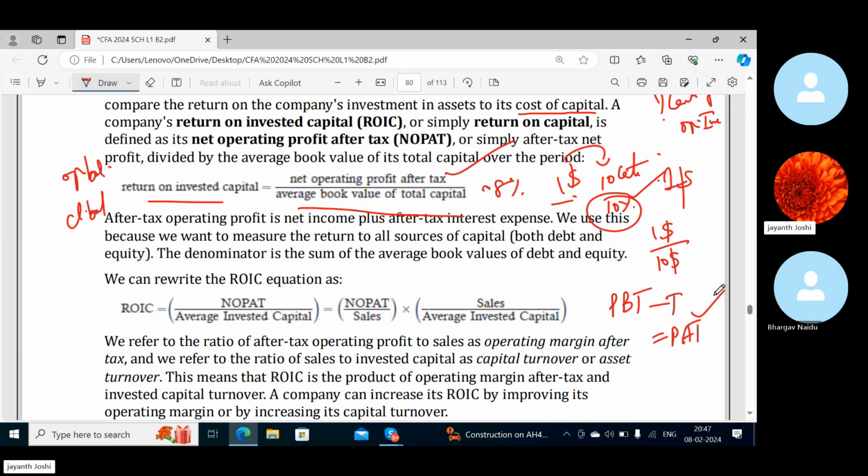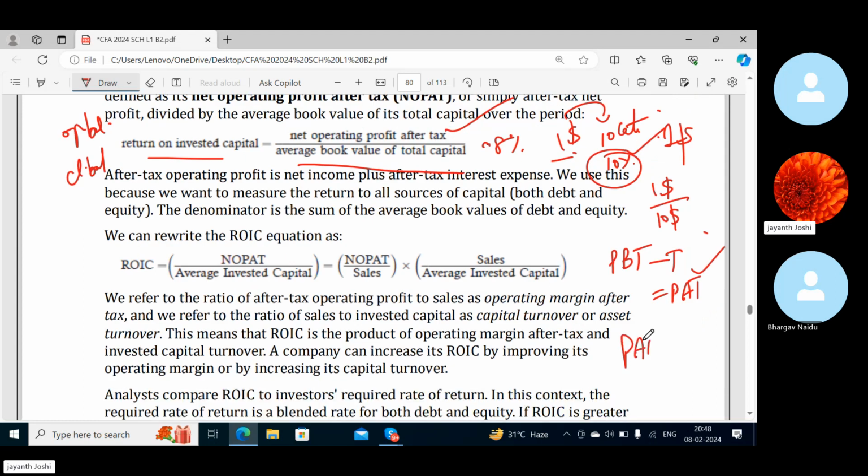This is my net income. So after tax operating profit is net income plus after tax interest expense. So if this is my net income PAT, I am adding interest to this, but this interest I am taking after deducting the taxes.